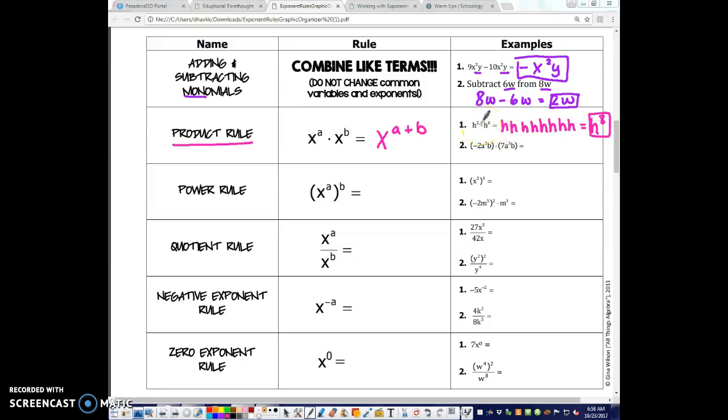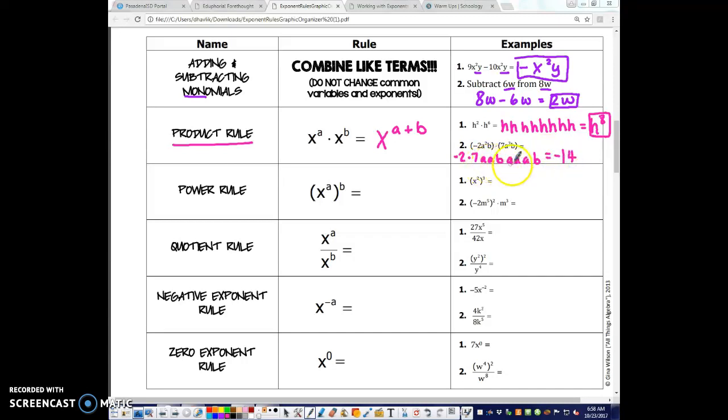Okay? Now, when we do number 2, you need to multiply that negative 2 times 7 first. Take out the whole numbers first. Negative 2 times 7. And then you have 2 a's, 1 b. 3 a's, 1 b. So now negative 2 times 7 is negative 14.